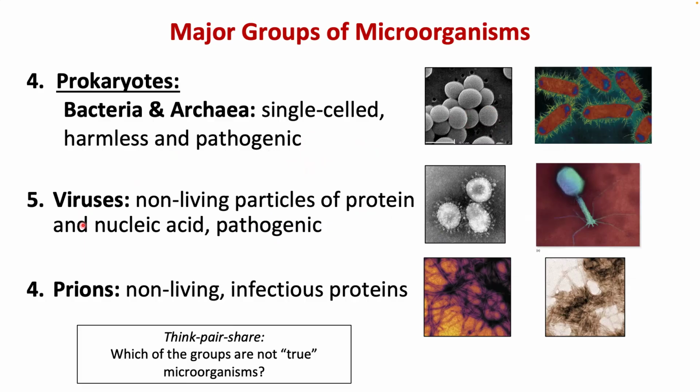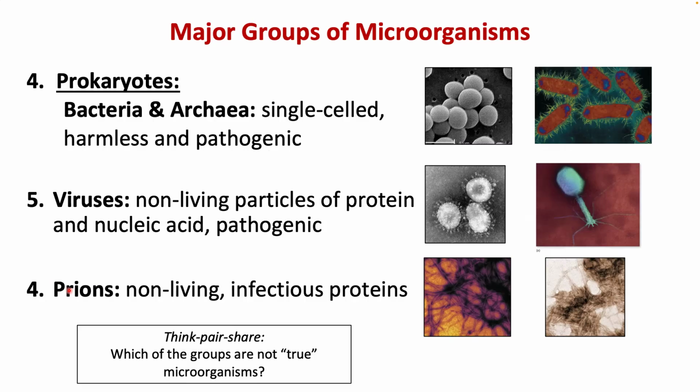Viruses are non-living particles of proteins or nucleic acid, and they are mostly pathogenic. I haven't come across a virus which is not pathogenic before. Probably you might, but I don't know. I don't think it even exists. And then the last one is prions. These are non-living infectious proteins.